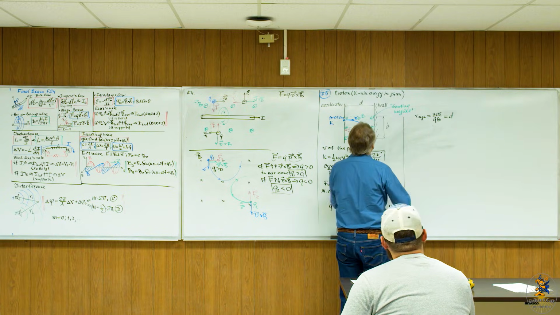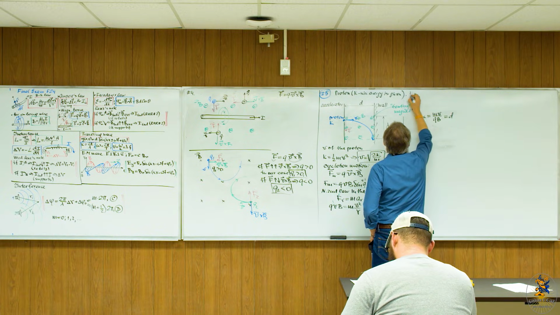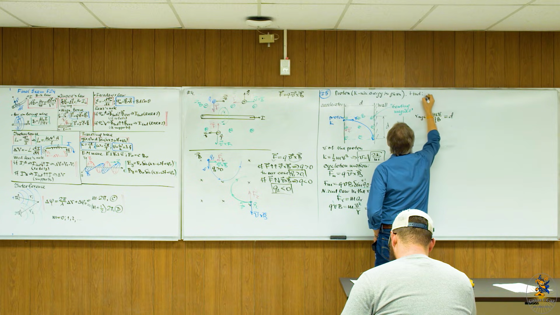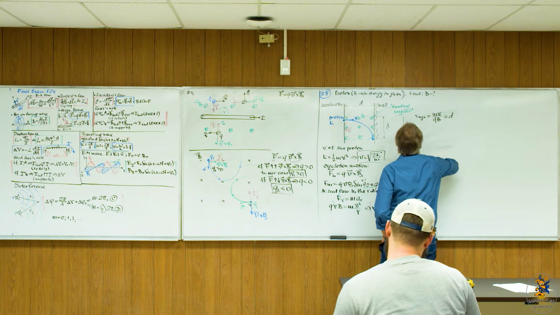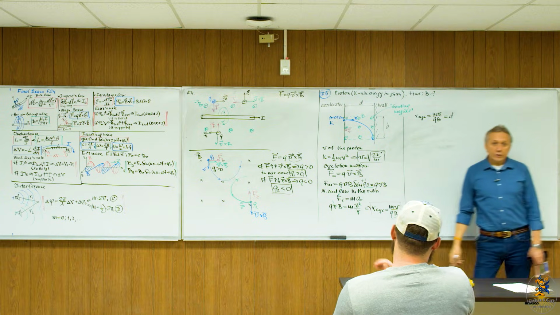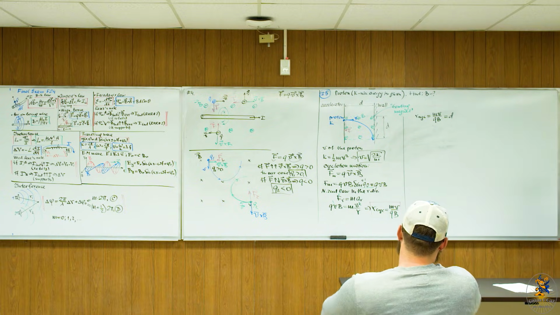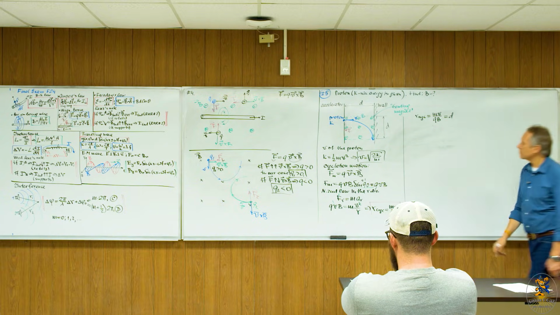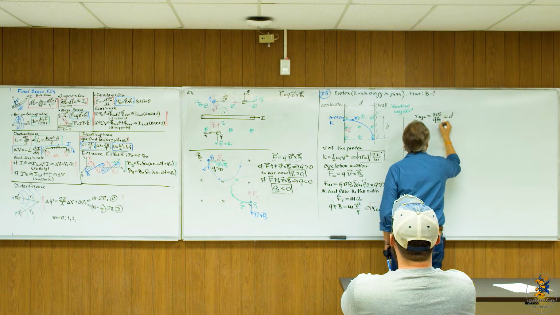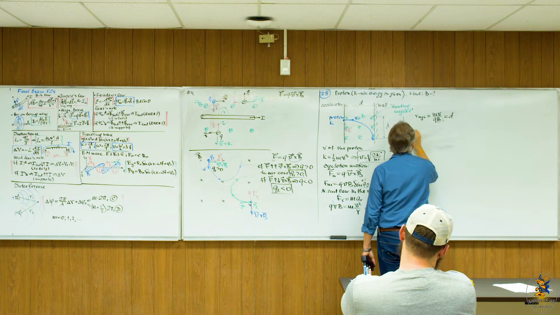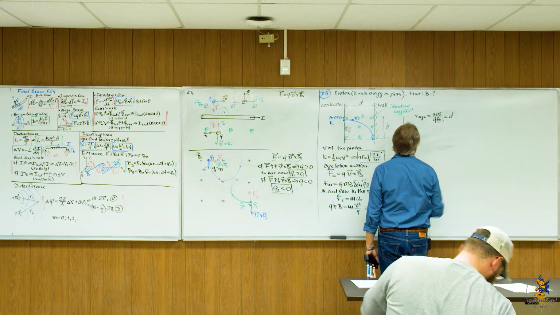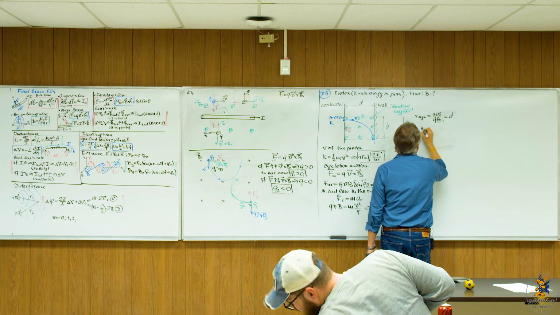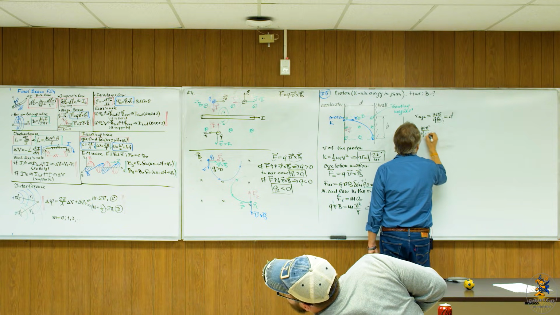And we need to find the magnetic field, right? We discussed it, but I didn't write it. So we need to find B, the value of B, to turn velocity by 90 degrees and to barely pass the wall. So that's our unknown. So we can get that B equals mv over q times d.